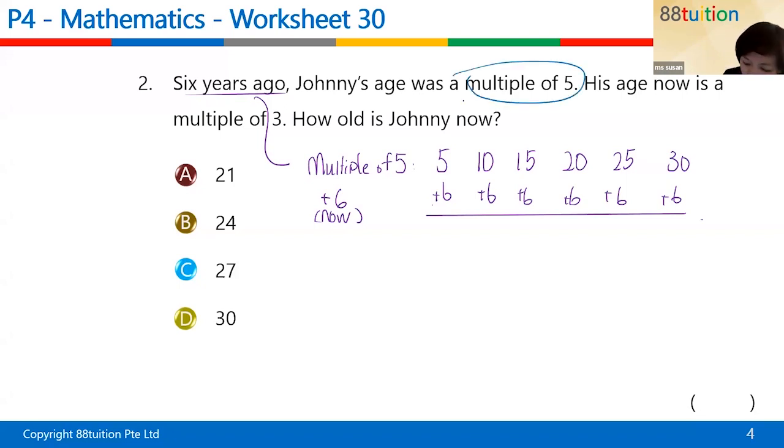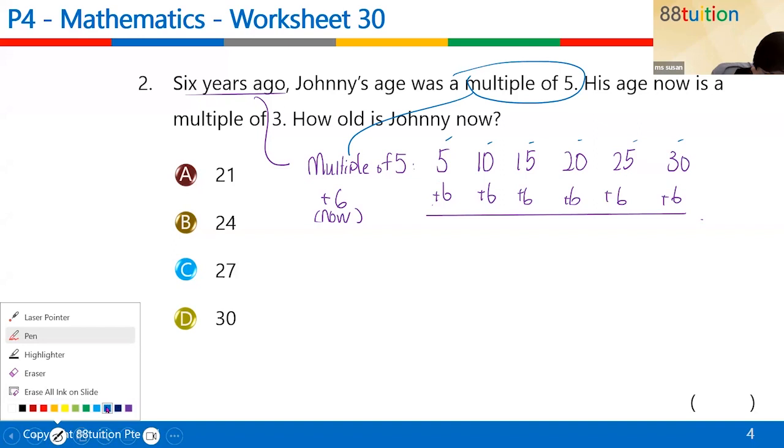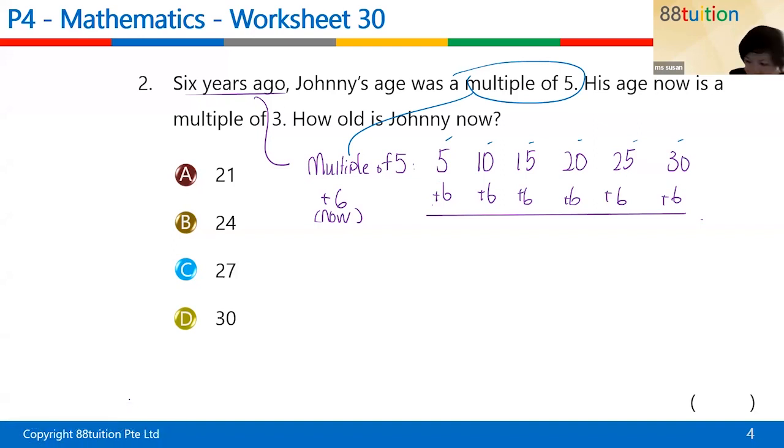Do you see the multiple of 5 here, which I listed them? 5, 10, 15, 20, 25, 30, and maybe I'll continue one more, 35. The reason I plus 6 is because the age I have was 6 years ago. So for it to be now, I have to add 6 for the ages, right?